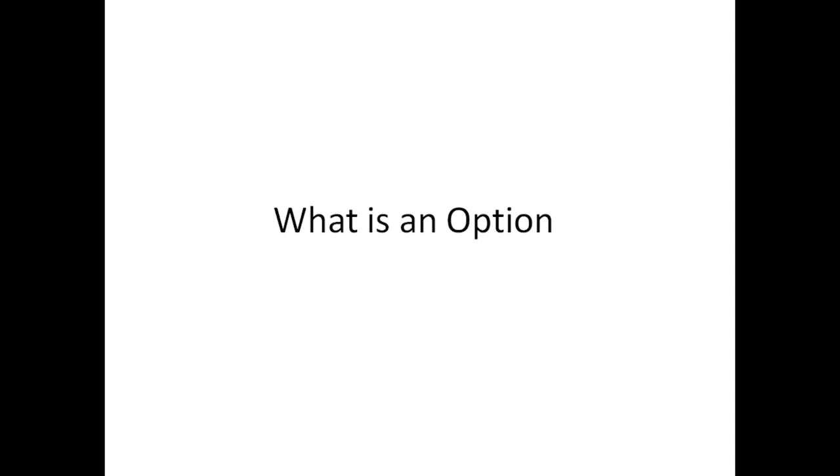So let's go back to basics, from the definition part. What is an option contract? Types of option contract, definition of call and put, what happens to call and put, what is the premium, what is the contract, everything.